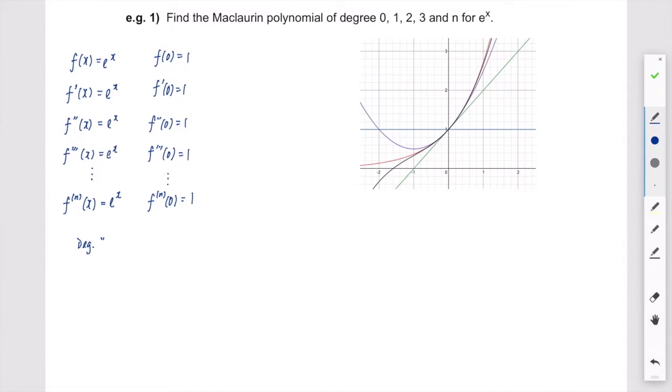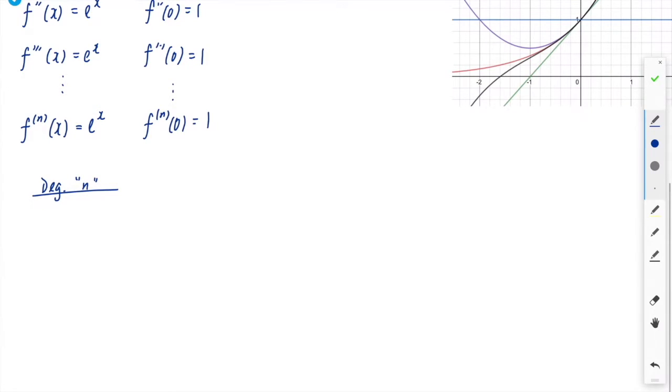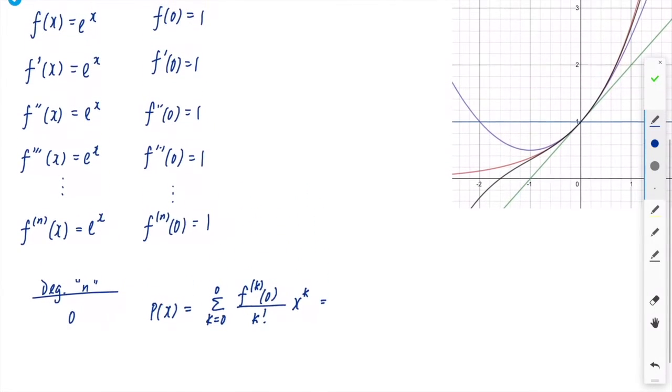So what does the degree n Maclaurin polynomial look like? It's going to look like the following. P of x equals the sum, starting from k equals 0, of the kth derivative of f at 0 over k factorial times x to the power of k. At the top here, we found that all the derivatives, including f of 0, are 1. So 1 over 0 factorial x to the power of 0, which is 1.